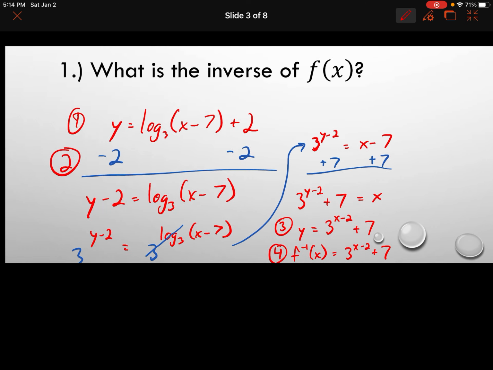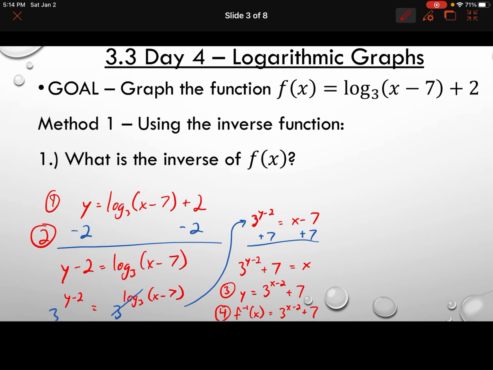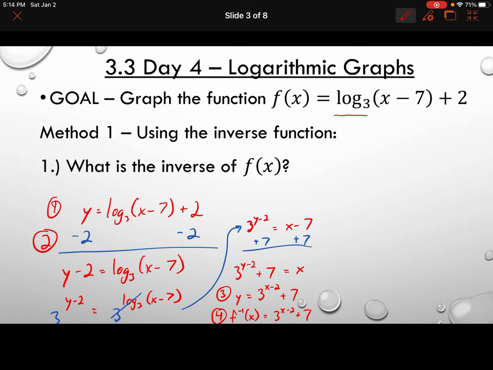So we have successfully found the inverse to this original function. Okay, so the inverse of log base 3 of x minus 7 plus 2 is 3 to the power of x minus 2 plus 7.